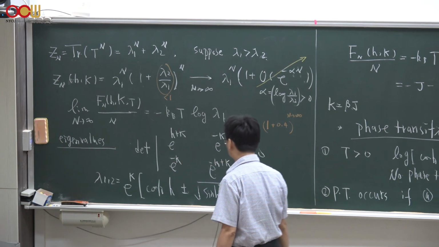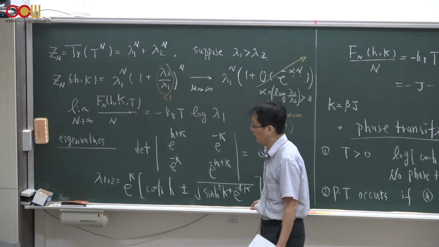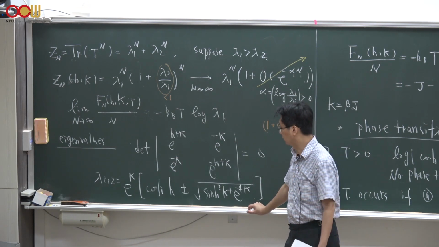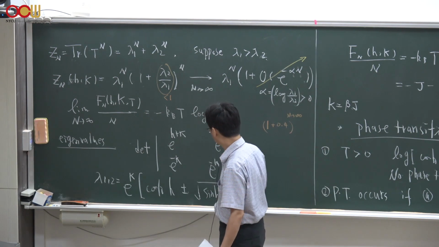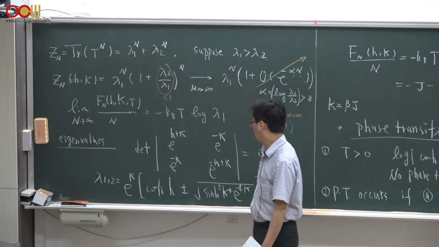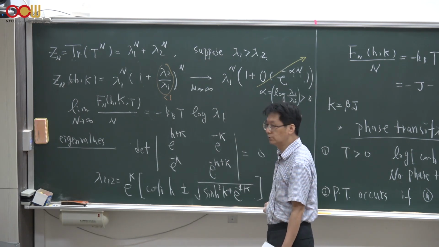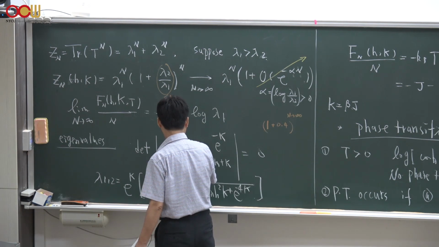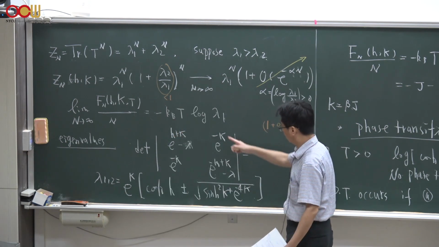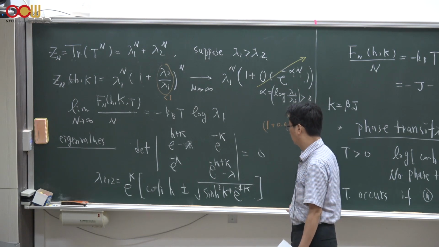Okay, so now it's time to calculate these two eigenvalues, lambda 1 and lambda 2, from the transfer matrix. And remember, the matrix element of this 2 by 2 transfer matrix has this form, and to find the eigenvalue, the only thing we need to do is calculate the secular equation, where the determinant of this 2 by 2 matrix is 0.